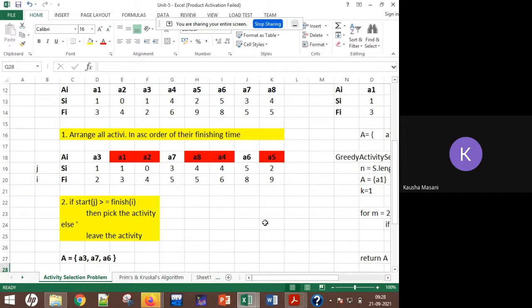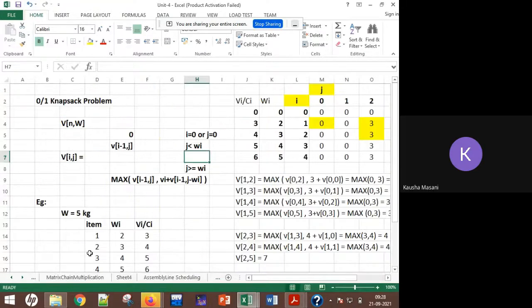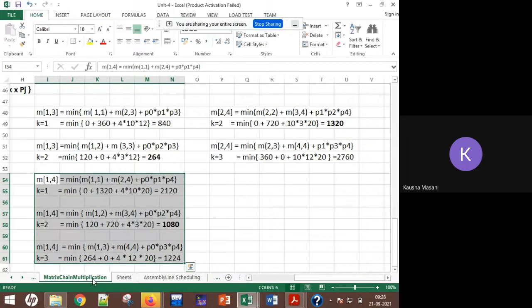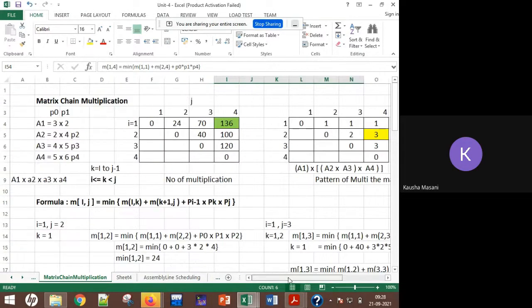We can do activity selection, or from unit number 4, matrix chain. Okay, we will do this matrix chain. So you can revise this topic.